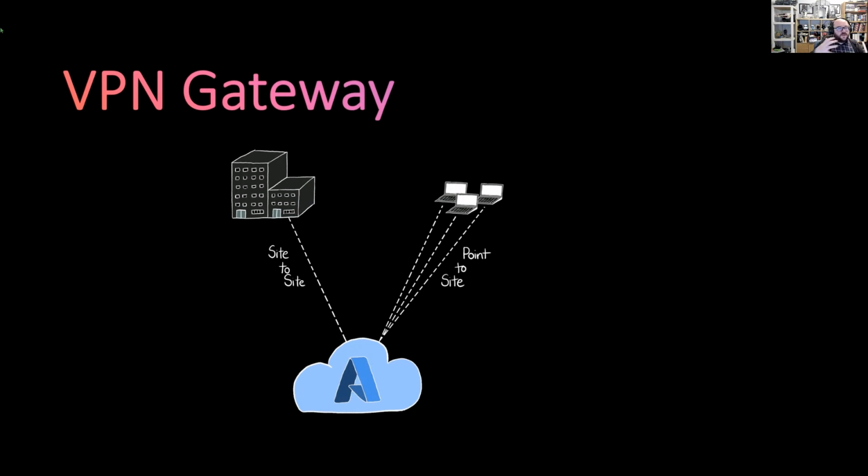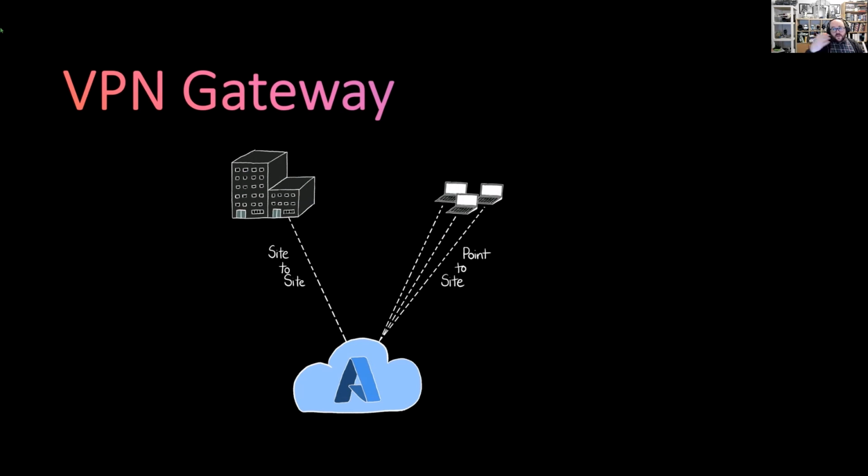It is a secure way to communicate between VNets because it uses Microsoft's backbone network, so it never truly goes back out onto the internet. So it's a more secure way of communicating between resources if needed.